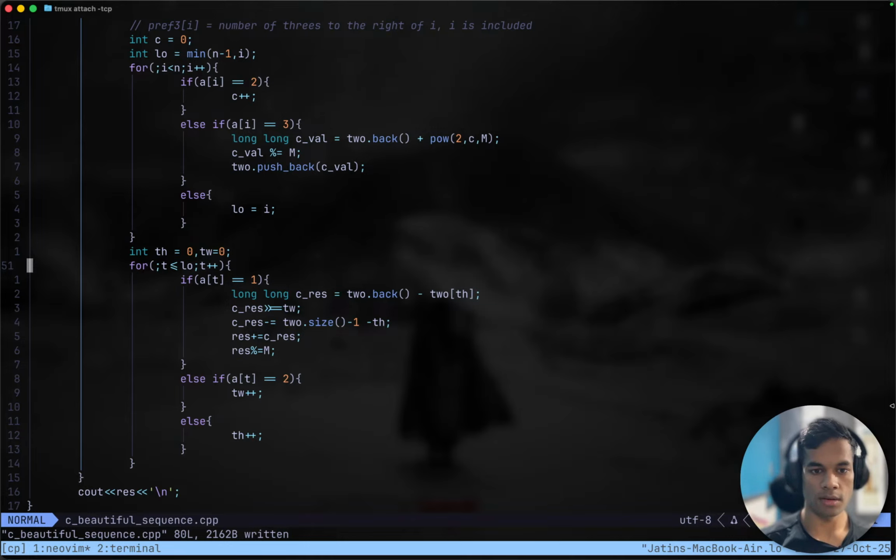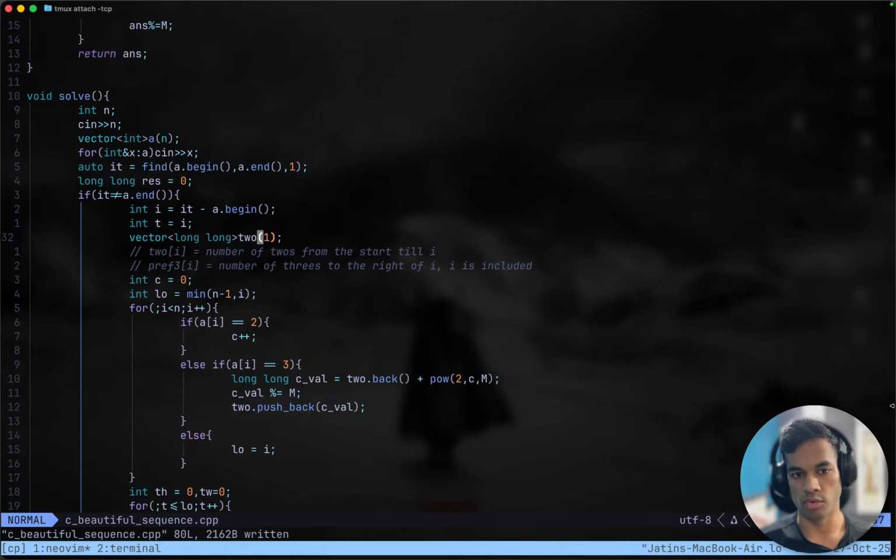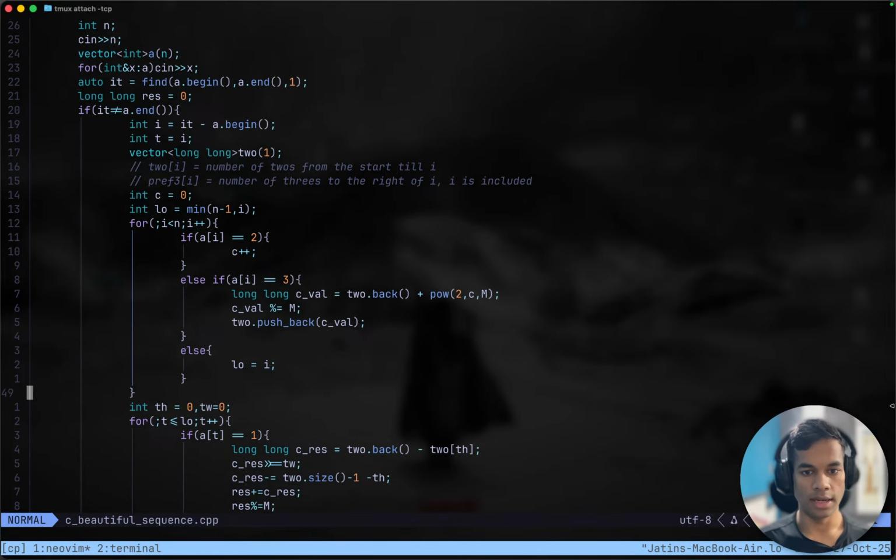Okay. Here initially, there is only one element in 2 which is equal to 0, makes sense. And then C is the current number of 2's that we have seen till now. And if the current number is a 2, then we increase our counter by 1, makes sense.